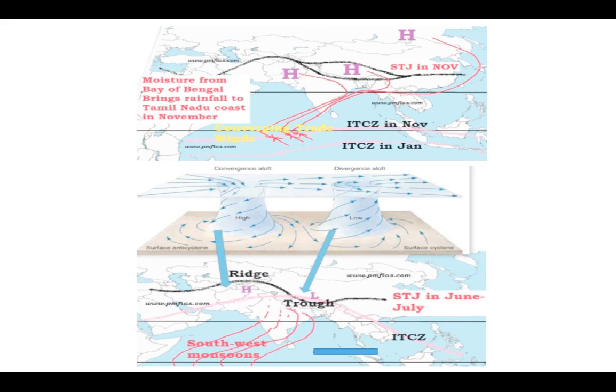Okay, so write it down. It's very important. The TEJ always comes into existence quickly after the STJ has shifted north of the Himalayas, and that is from somewhere at the end of May and the first week of June, and only then can you say the monsoon starts. There is an outburst of monsoon. Okay, is this clear or not?